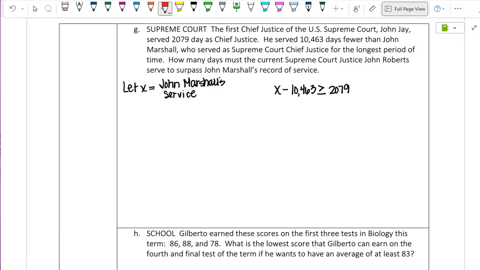And then I'm solving an inequality here. So it's x minus 10,463.